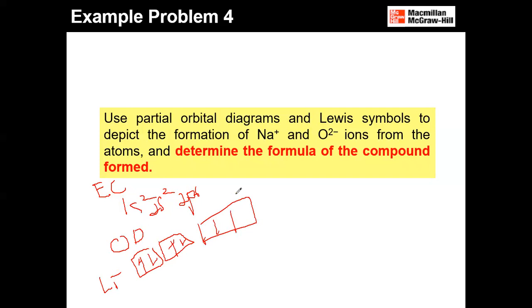And then the Lewis electron dot symbol. You can present it in terms of a Lewis symbol, for lithium. You have to remember that. This one is the Lewis symbol.